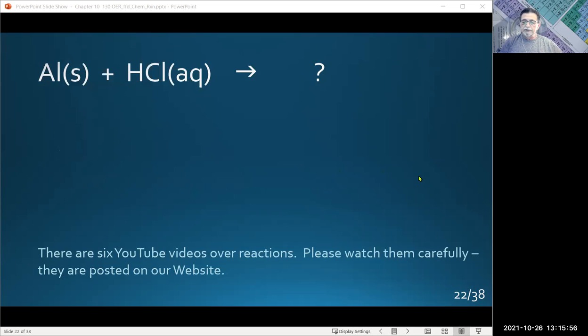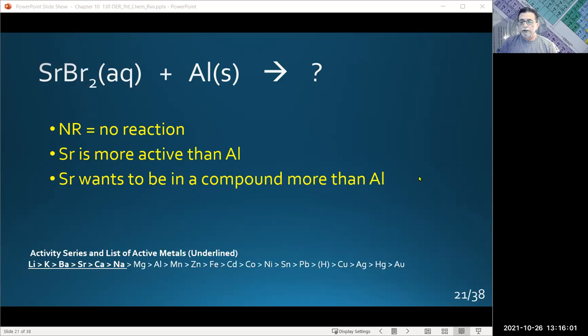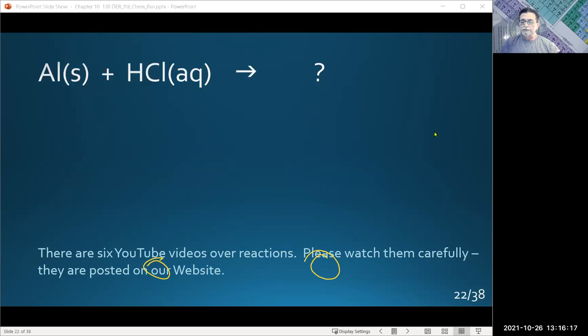All right, so that being the case, you see aluminum and hydrogen. If you look for aluminum, and here's hydrogen, same question: who's more reactive? Looking at the activity series, aluminum is a lot more reactive than hydrogen, which I'll just write as H in parentheses.